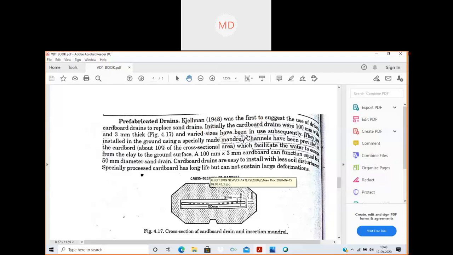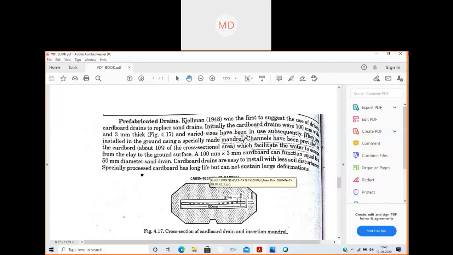Here also we cannot insert the vertical drain or the cardboard drain directly inside the soil. For that we need a casing or a mandrel. Here it is called a mandrel. In sand drain we used a steel pipe, the name given was probe. In this case the same thing is a mandrel.